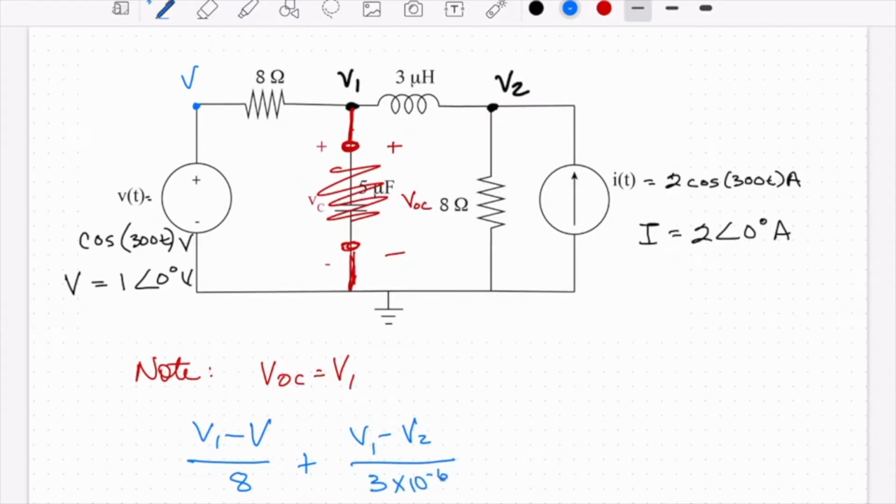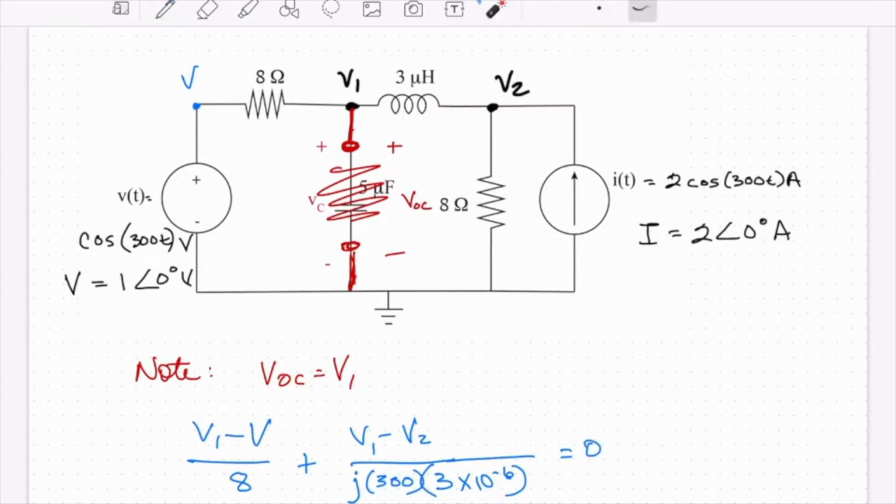And we want to do the impedance, so it'll be j omega L. Omega is 300, so j times 300 times 3 microhenries. And that will be equal to 0.